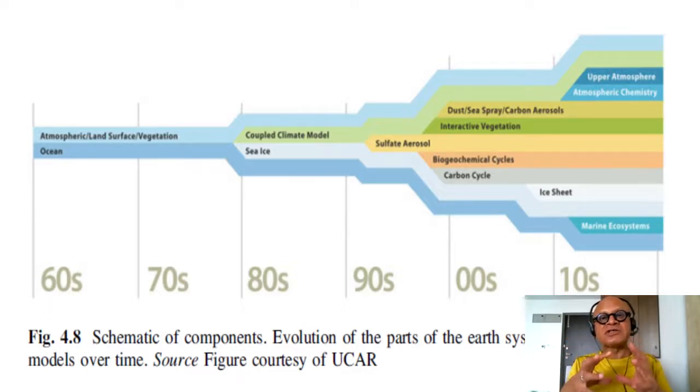So integrated assessment models simplify the climate part and focus on the socioeconomic sectors and humans, whereas Earth system models simplify the human influence and focus on the physical and biogeochemical climate.